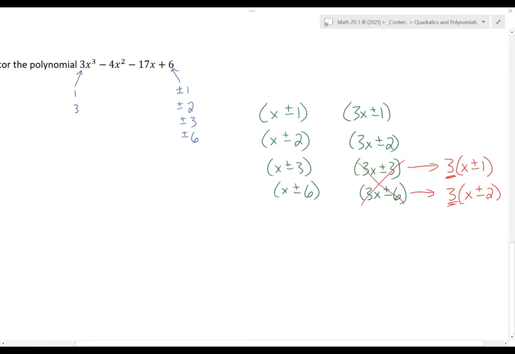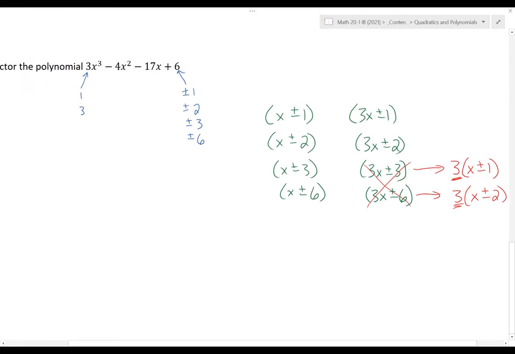But 3 was not a factor of my original polynomial because negative 17 is not divisible by 3. So because 3 was not a common factor of the original polynomial, it cannot be a common factor of any of the individual linear factors. So I actually only have 12 possibilities. 6, but then with the plus or minus, I multiply by 2.